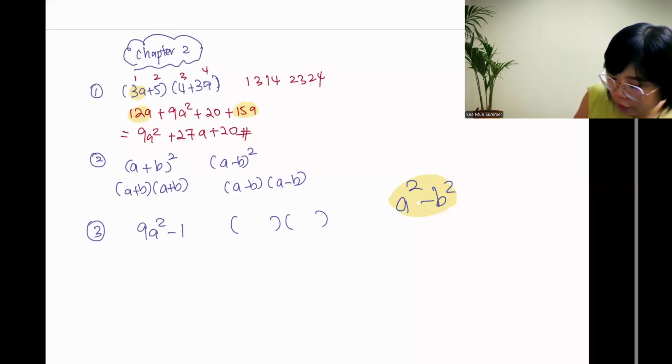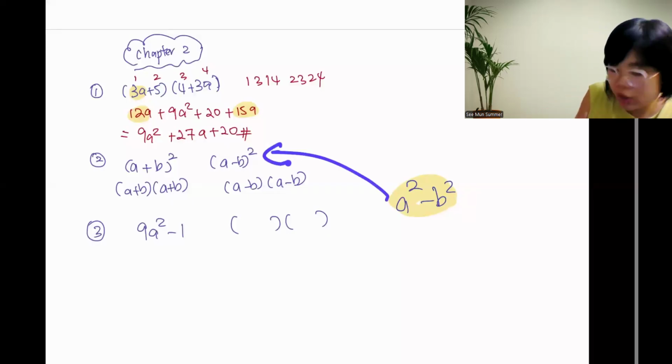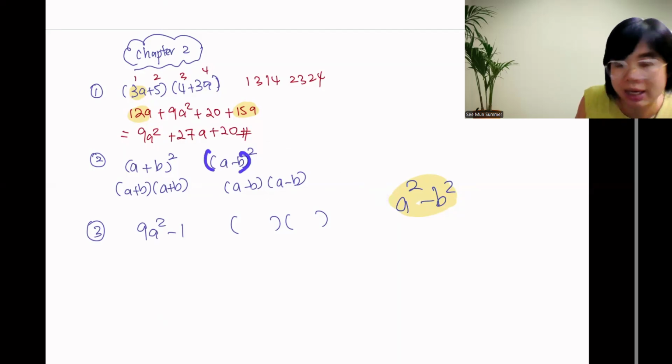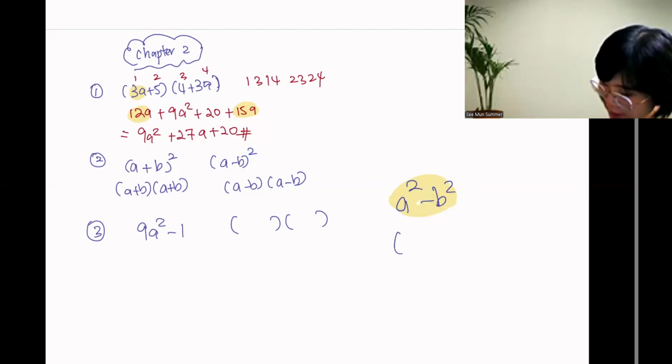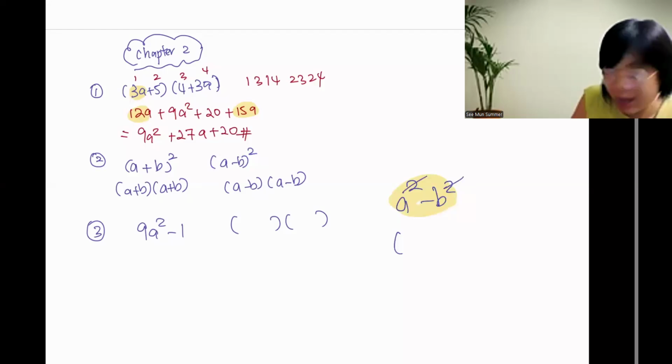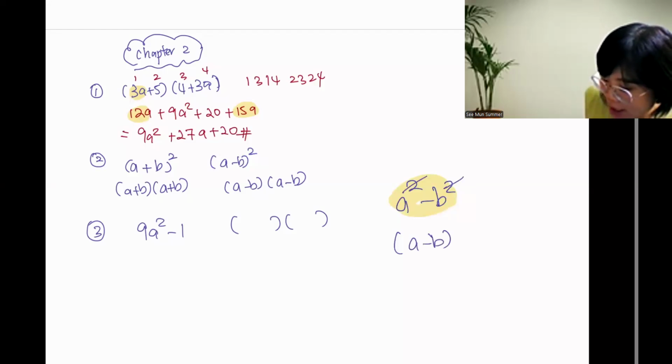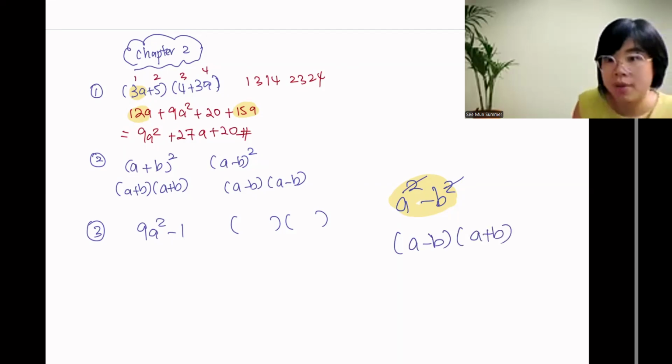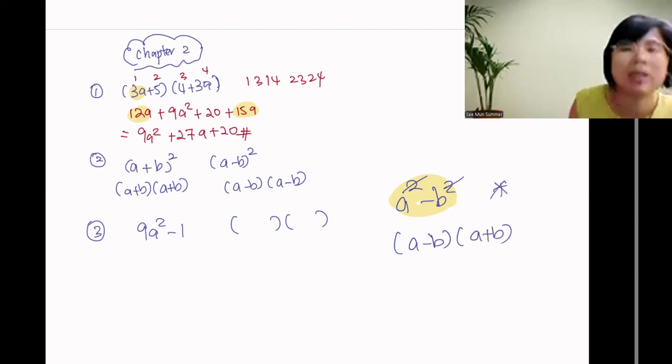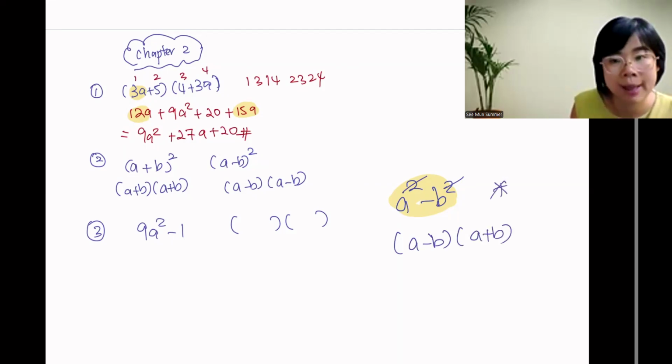Can you see it's different from the previous one? In the previous one, the square is outside the bracket. But here, you have to see there's a minus sign in the middle, and each of them has a square. Whenever you see this, you can straight away cancel the square, and then a minus b, and then a plus b. Do you remember this part? Super important. If you're not sure, please go back to your notes and practice.